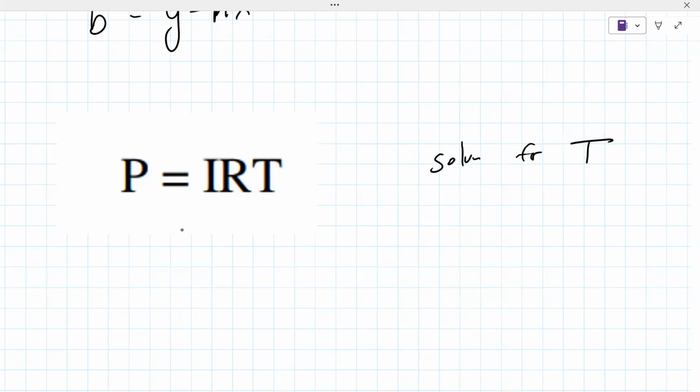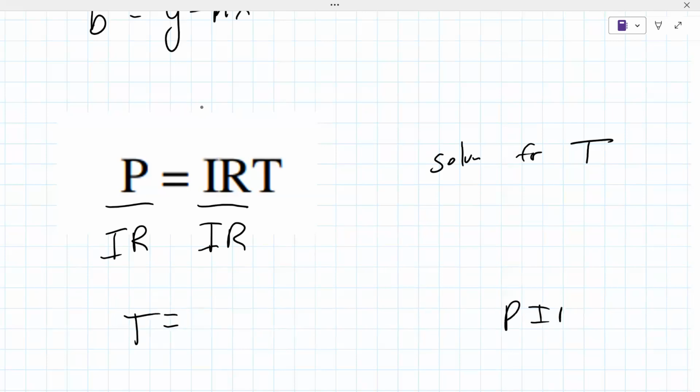Okay, I and R are multiplying T. So how do you undo multiplication? Division. You're dividing both sides by I and R. What does T equal? P equals PIR.